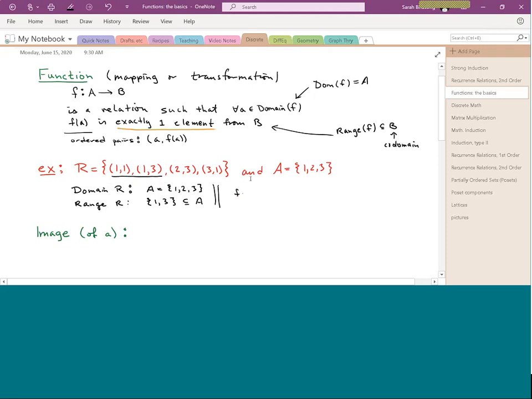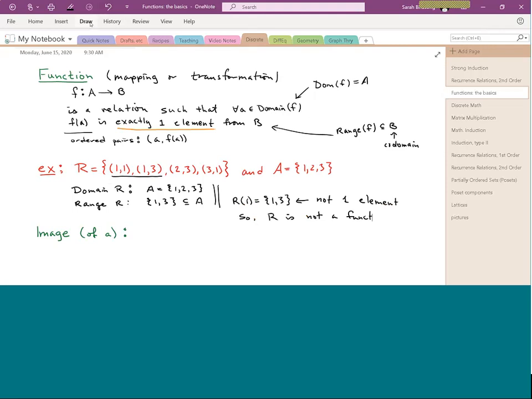Let me do r of 1. So here, r of 1 would equal either 1 or 3. That's not one element. Therefore, r is not a function.